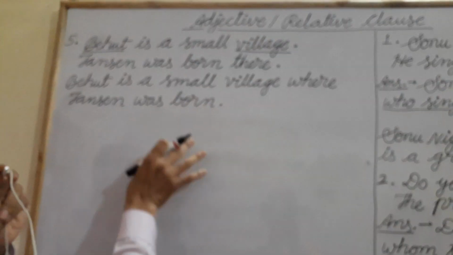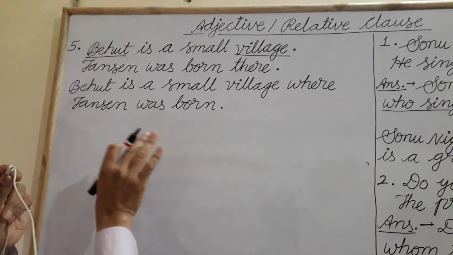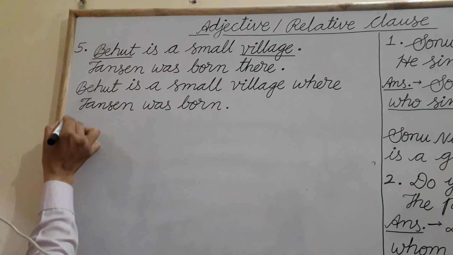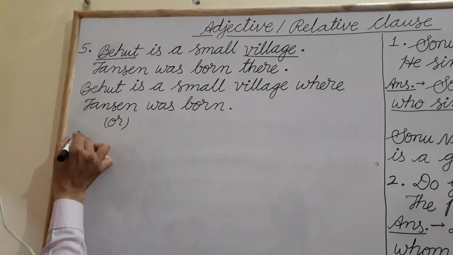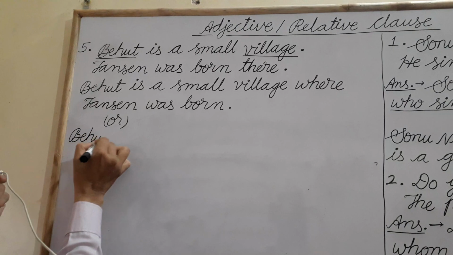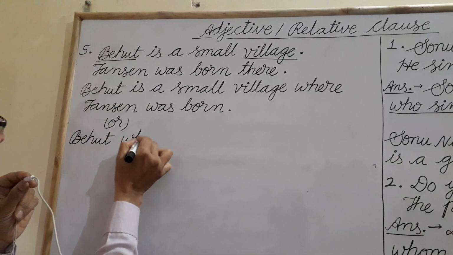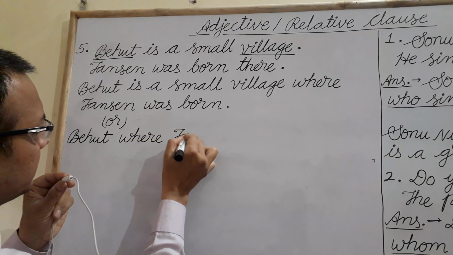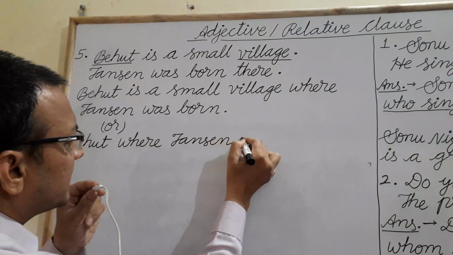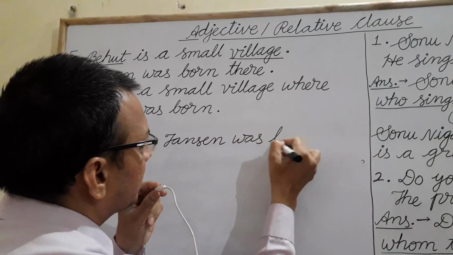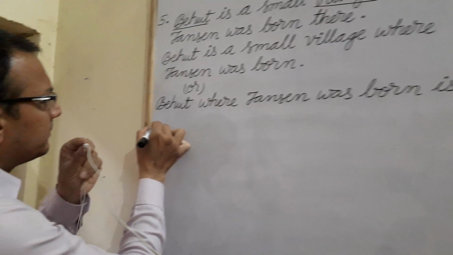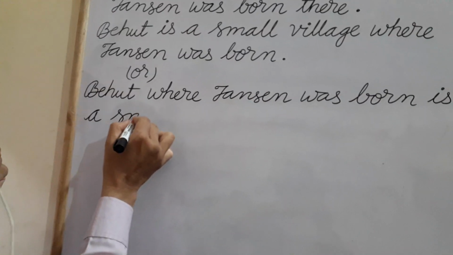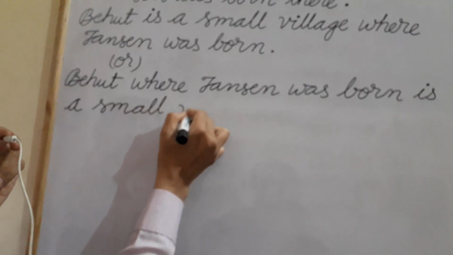So the adjective clause also can be put after Behat. So the other answer will be Behat, where Tansen was born, is a small village.